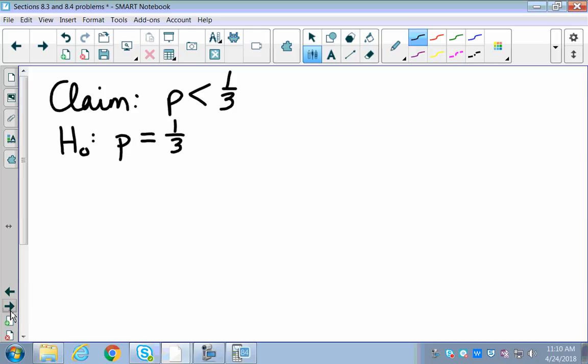Now that I know my claim and my null hypothesis, I can write my alternative. And what is that one going to be? P is less than one-third. The reason it's exactly the same as my claim is because there was no equality in my claim. Remember the chart I gave you, right?